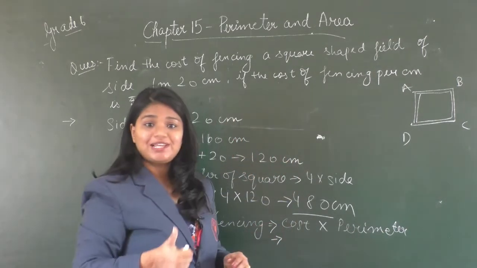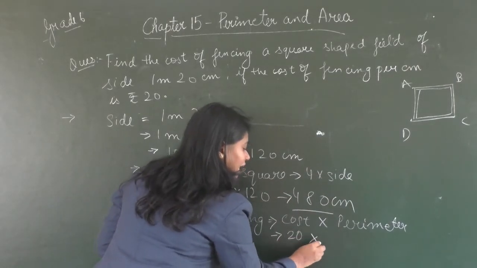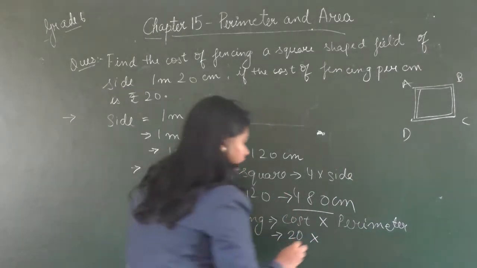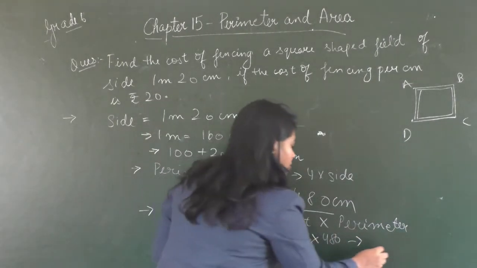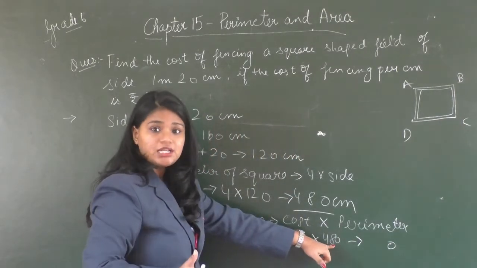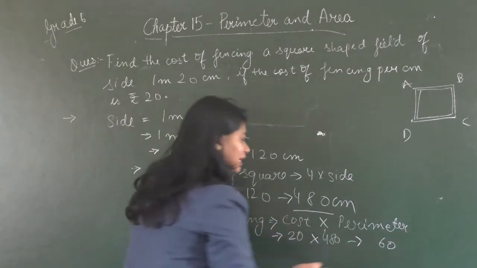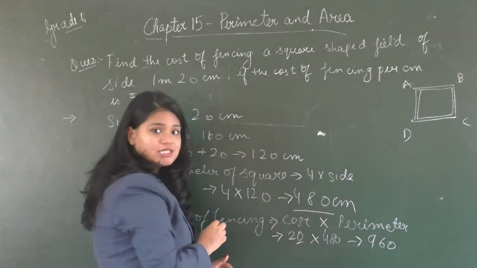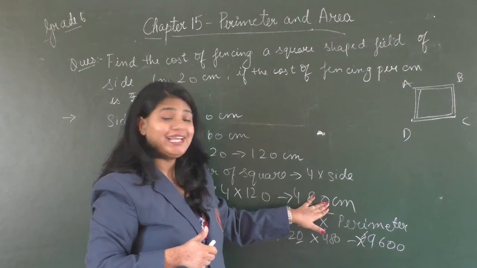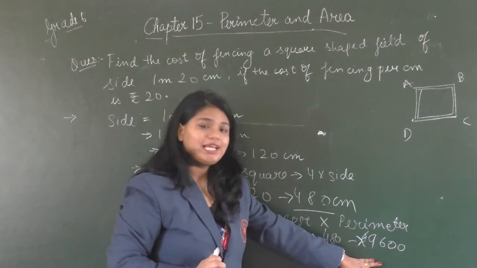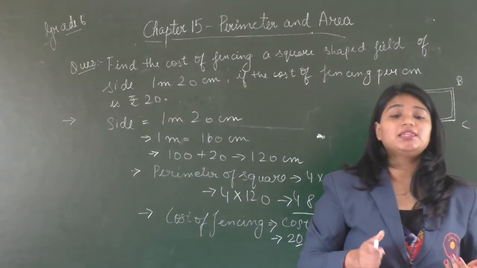So we know the cost of fencing 1 centimeter is rupees 20 and we have calculated the perimeter as 480. Let's solve it. 2 zeros are 0, 2 8s are 16, 1 is carryover, 2 4s are 8 plus 1 is 9 and we will add on this 0, right? So we got the cost for fencing 480 centimeter is rupees 9,600.